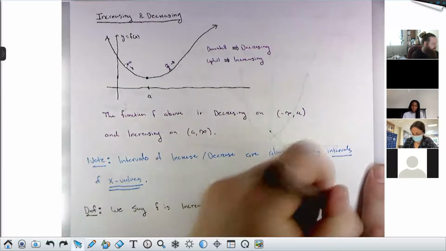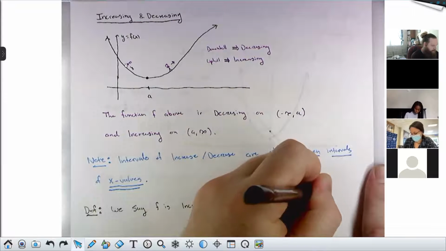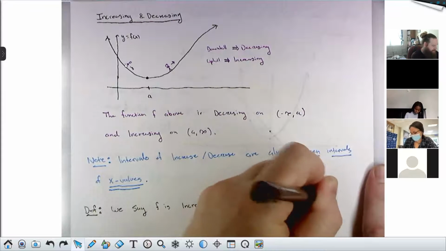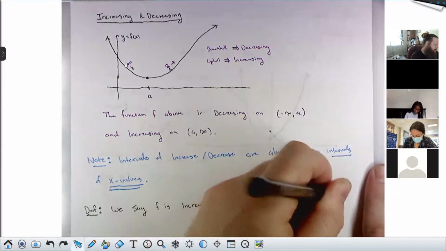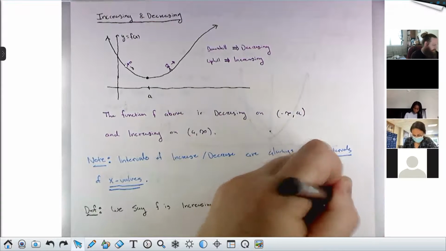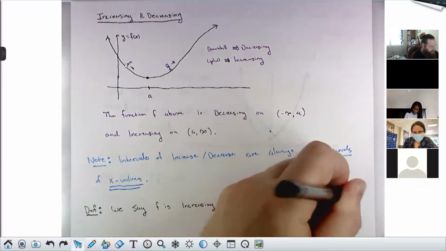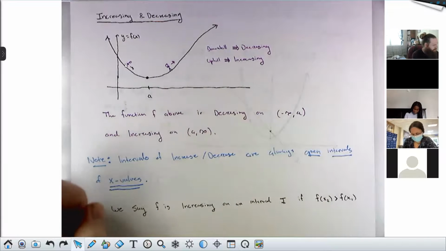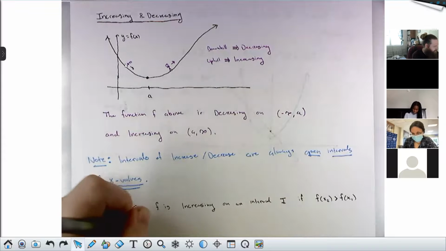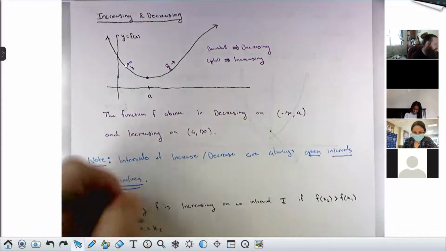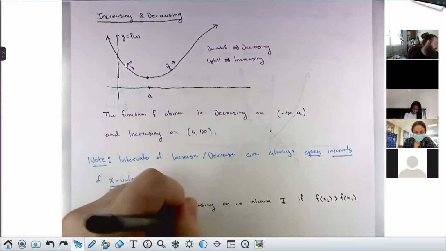If, you can describe this with an inequality: f of x2 is bigger than f of x1 for any x1 less than x2 in the interval I.